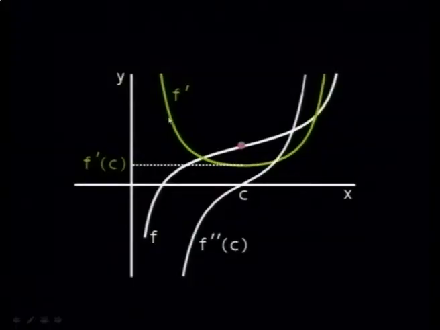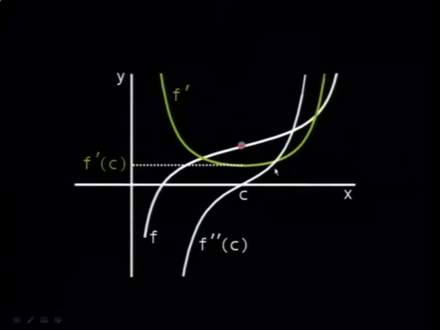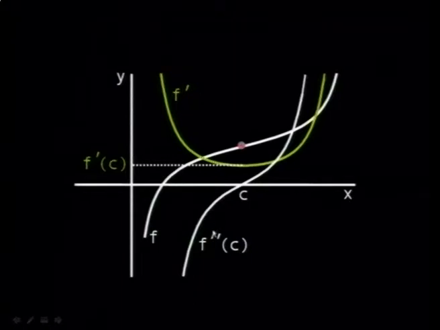So here, f double dash at this point is 0, it means that you have an inflection point, and then f double dash, which is the derivative of f dash, here it's negative, and here it's positive. So f double dash here is negative, concave downwards, and here is positive, concave upwards.